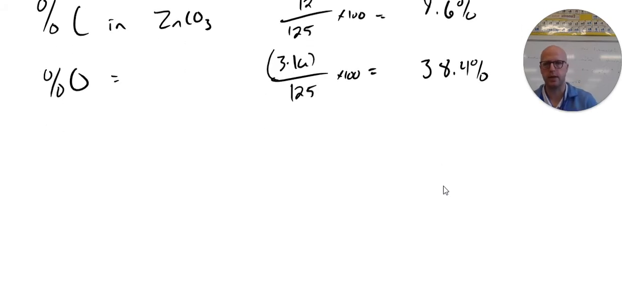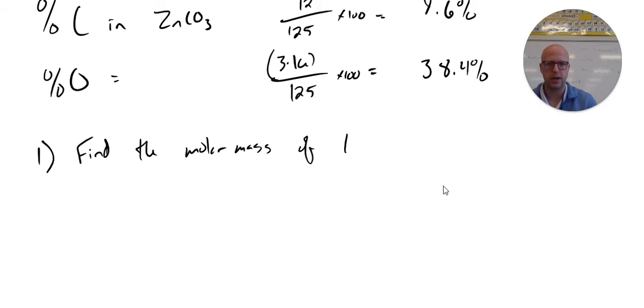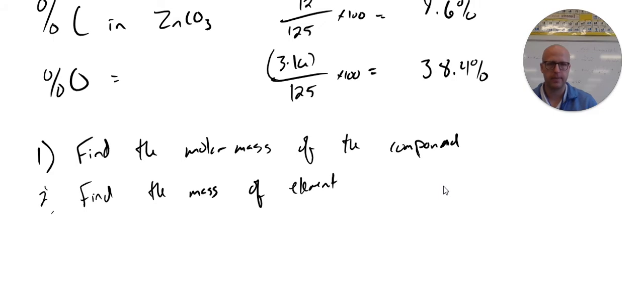What are my steps to it? The first thing you want to do is find the molar mass of the compound. Then you want to find the mass of the element in that compound.